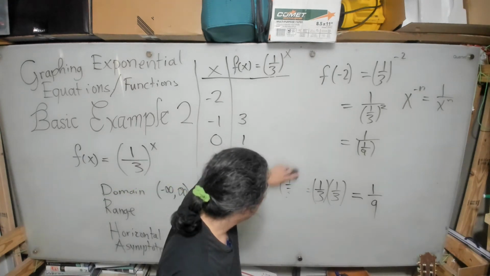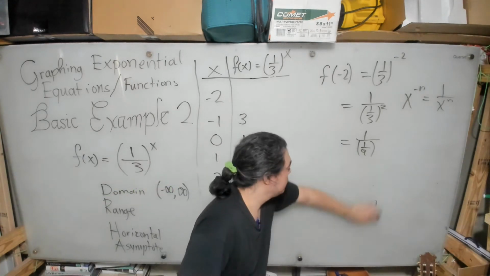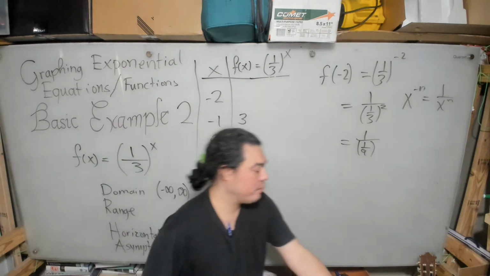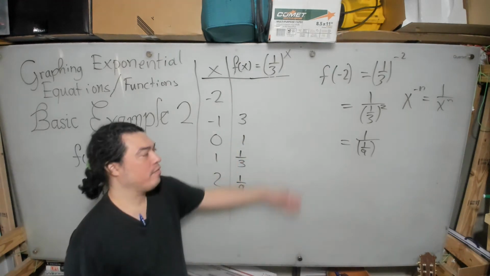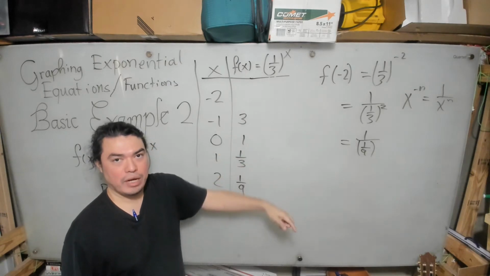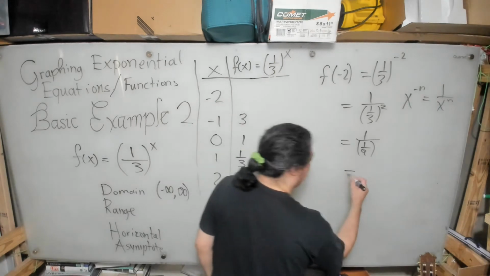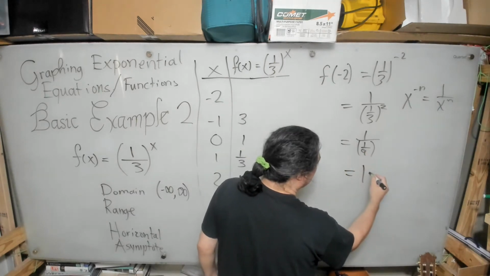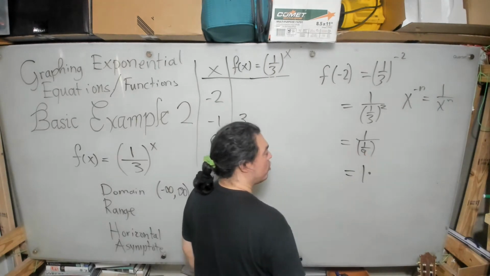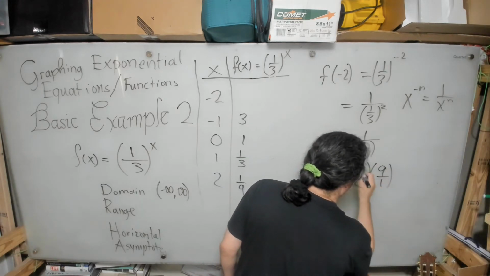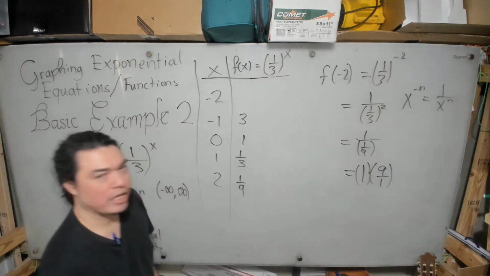And then I know that here I'm running into a different problem. What is the problem? I have the number 1 on top being divided by a fraction. What happens when we divide by a fraction? We multiply by the reciprocal. So in this case, I'm going to have the 1 times the reciprocal of the bottom. What's the reciprocal of 1 over 9? 9 over 1, like this. And then here I have 1 times 9 over 1.